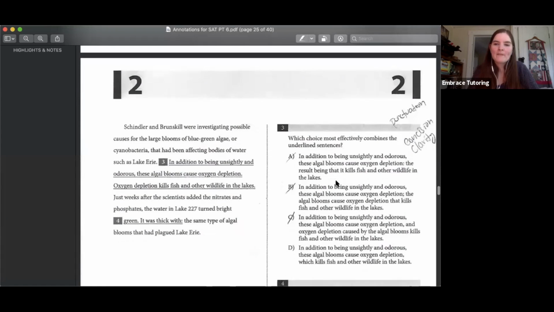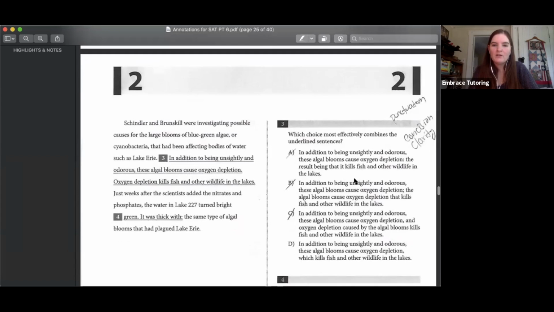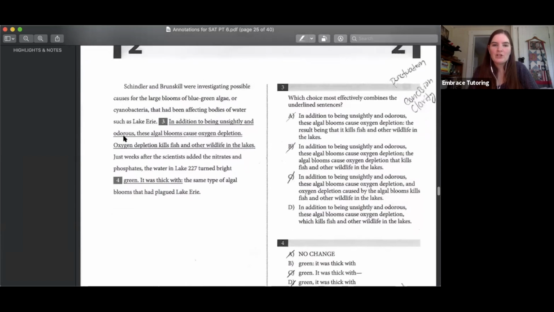So you're not only having to look within the broader context of the paragraph, as well as within this sentence here, you have to look for the most precise way of saying something and making it easy to understand and clear. So that's kind of what you're looking for, but it's also a question that focuses on changing some of the punctuation here.